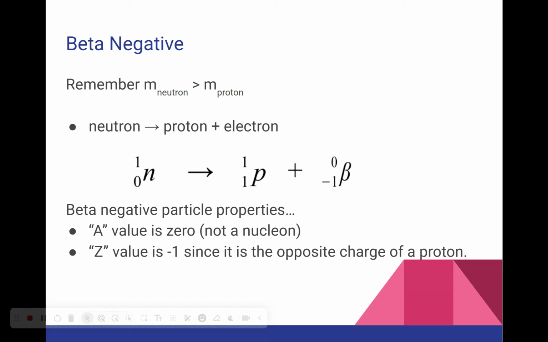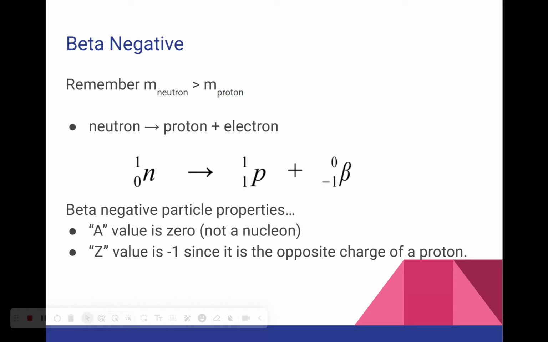Now, this is a bit of an oversimplification of things, but yeah, a neutron is basically a proton and an electron stuck together. Because if you do look at those A and Z values that are written there, everything balances out. A neutron being made up of a proton and an electron, that beta negative particle is an electron.